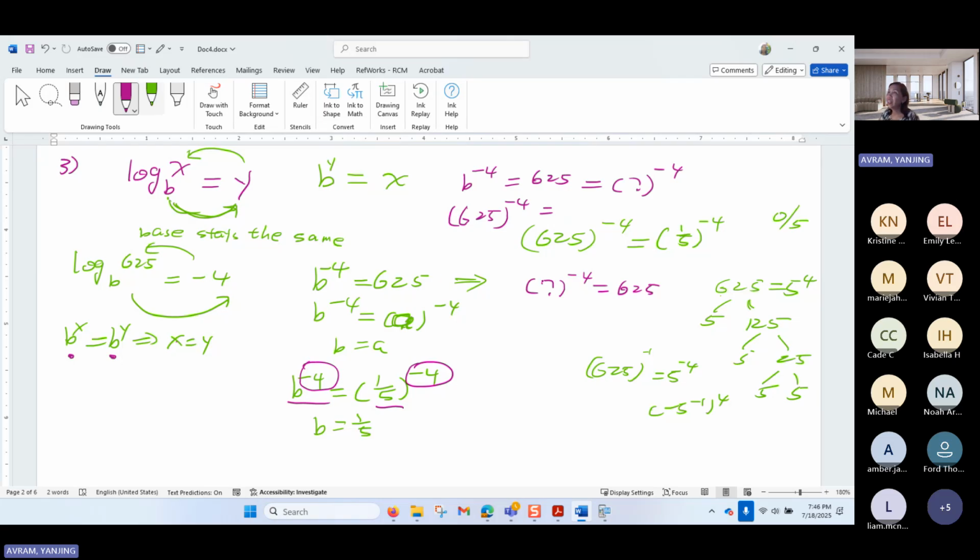So if you want to find this unknown base, you will need to take the fourth root of 625.